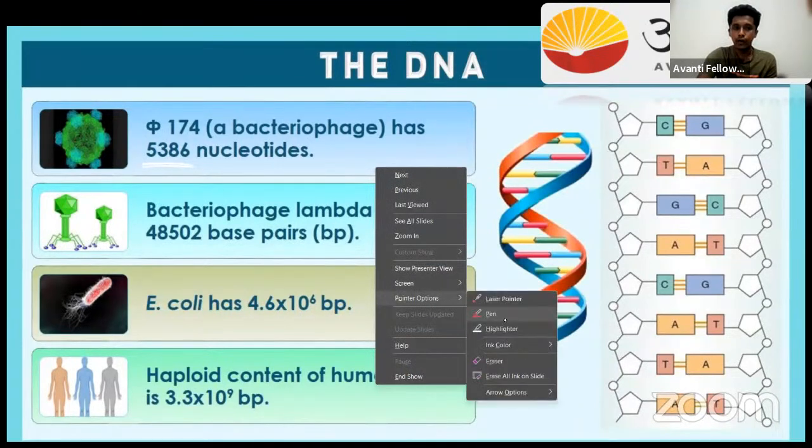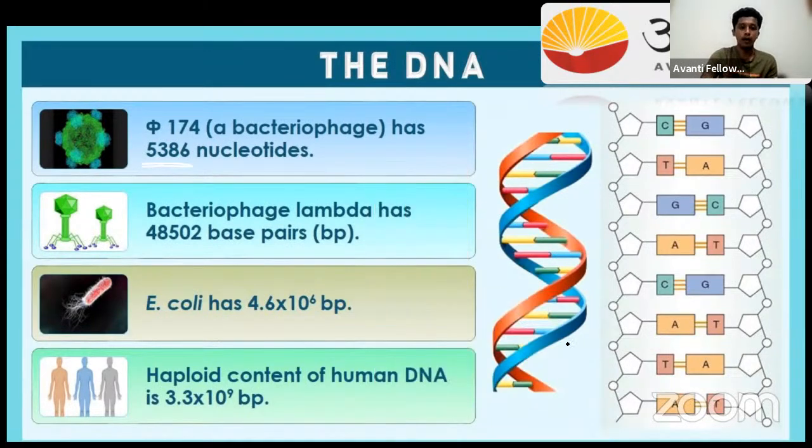Similarly, other bacteriophages, lambda phages, have around 48,502 base pairs in the DNA structure. E. coli has 4.6 million base pairs in their overall DNA, that is 4.6 into 10 power 6.